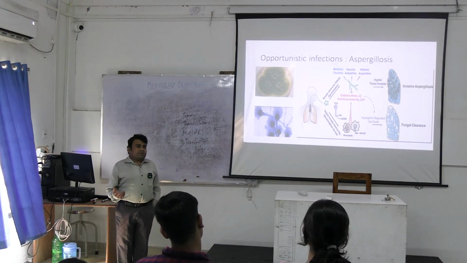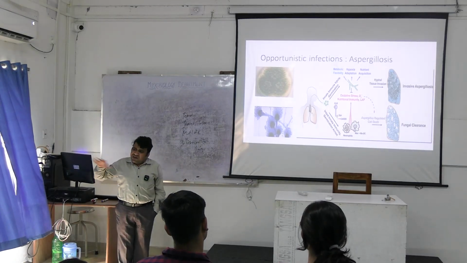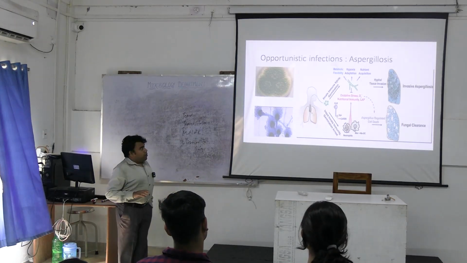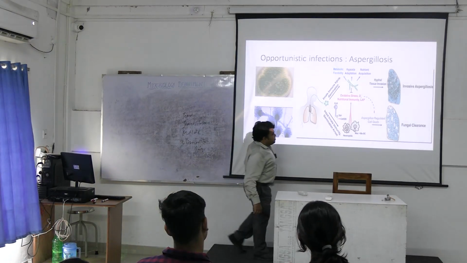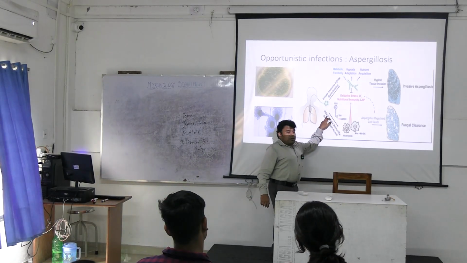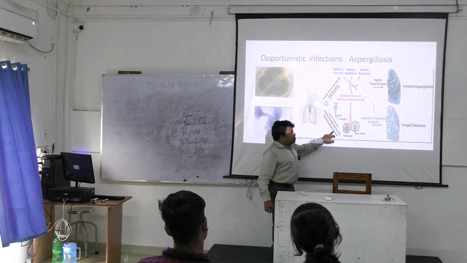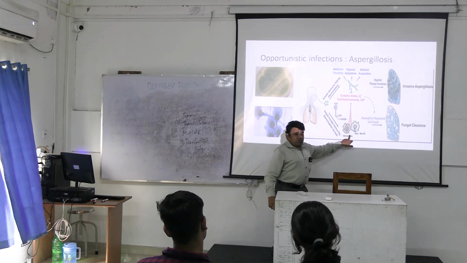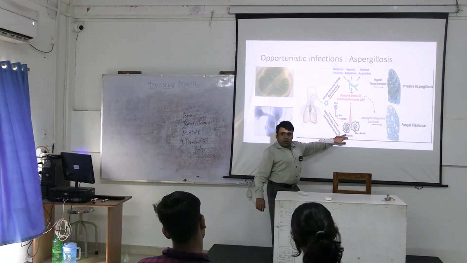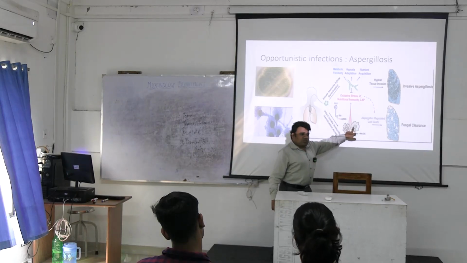Now these spores are present in the environment. Normally what happens is we inhale the spores and our body is able to get rid of them. But what happens in immunocompromised patients? Look over here. In individuals with an intact immune system, spores enter through the respiratory route into the pulmonary bed. The neutrophils will take up the spore. Macrophages will come over here and destroy the spore.